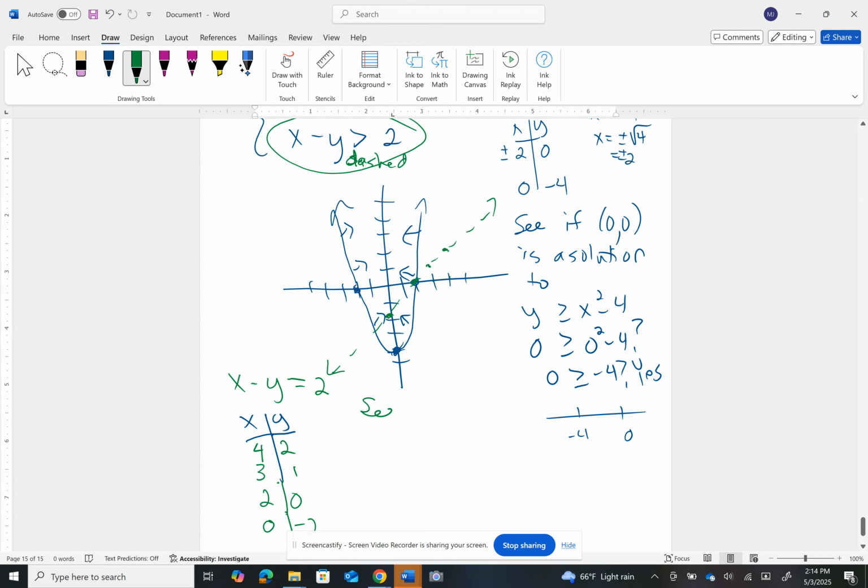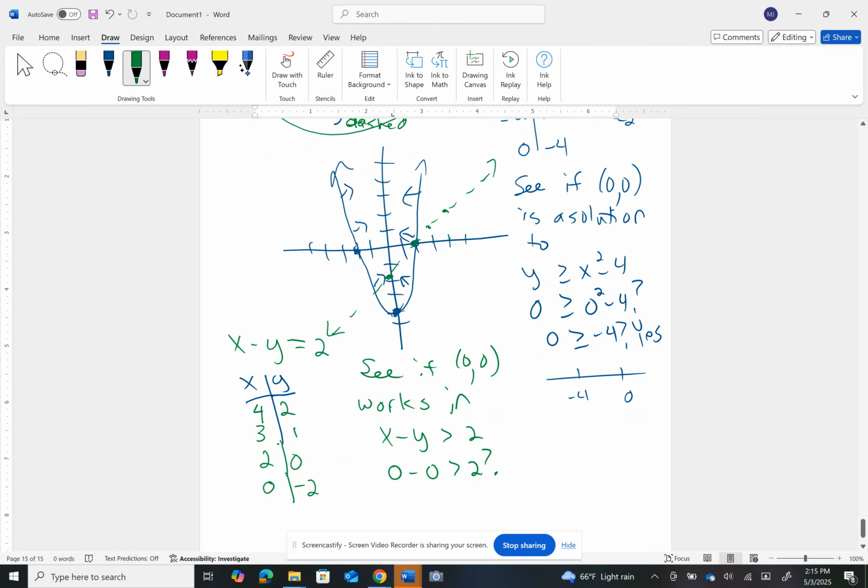For this one, 0, 0 would work, so I'm going to use it. If 0, 0 is a solution, see if it works in this inequality. Put in the 0 for x and y and see if you get something that's greater than 2. Is 0 greater than 2? No.